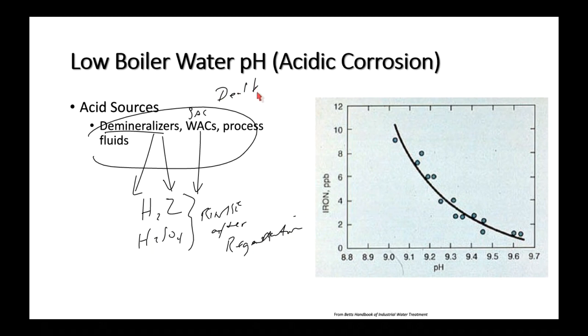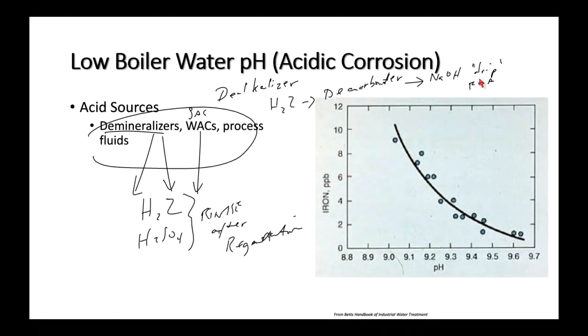Or maybe we've got a dealkalizer, and the dealkalizer has a hydrogen zeolite softener followed by a decarbonator, or degasifier if you want to call it that, or aerator. But to take care of the free mineral acidity, we are going to have a sodium hydroxide drip, just to get rid of the free mineral acidity.